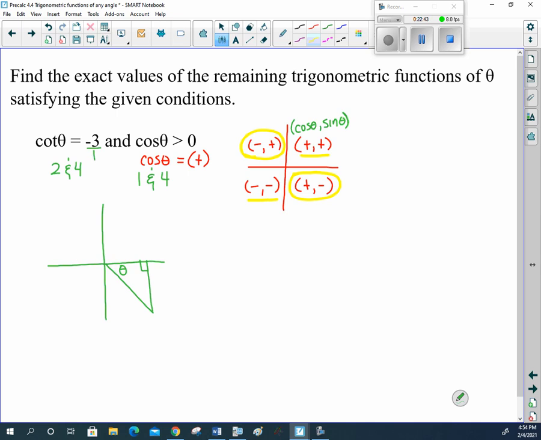Cotangent is -3, so in word definition, it's adjacent over opposite. So if I'm going to put my adjacent side in, let's see, we're going to go 3 and then 1. So I obviously didn't draw this to scale, sorry.